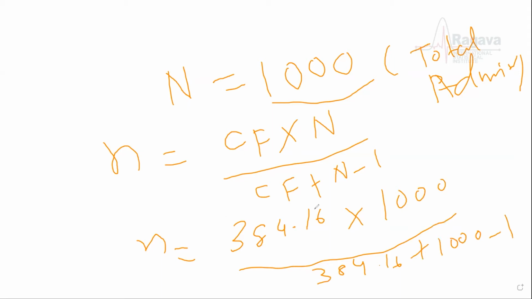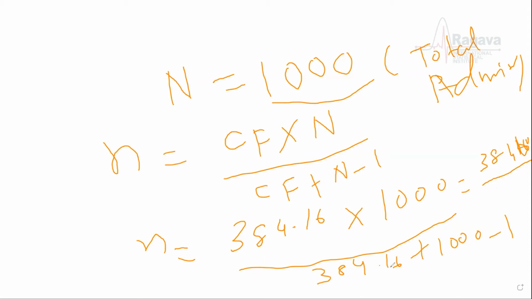So now we need to simplify. 384.16 multiplied by 1000 is 384,160.